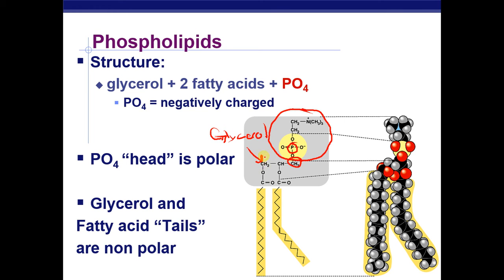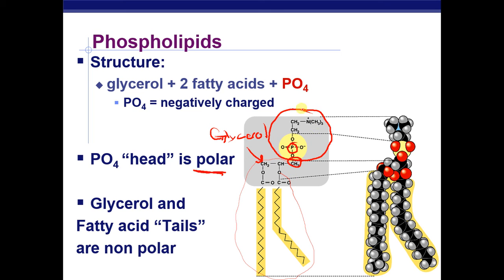So a triglyceride had glycerol and 3 fatty acids. A phospholipid has glycerol, 2 fatty acids, and a phosphate group. Now the cool thing about that phosphate group is that the phosphate part, this part I circled, is polar. It's hydrophilic. It will mix with water, while the bottom part, this part, will not.